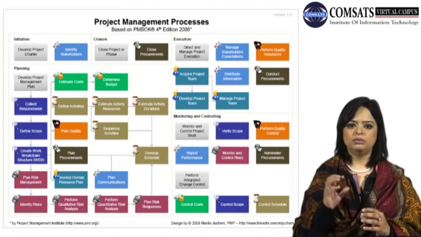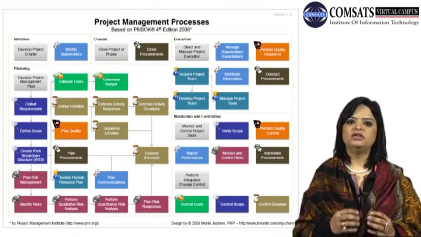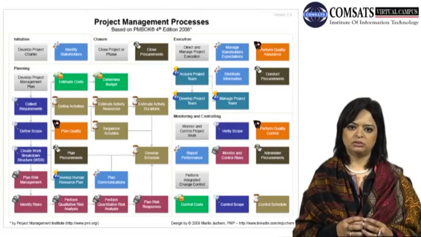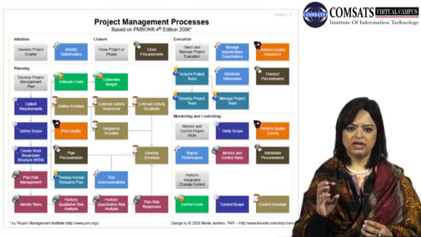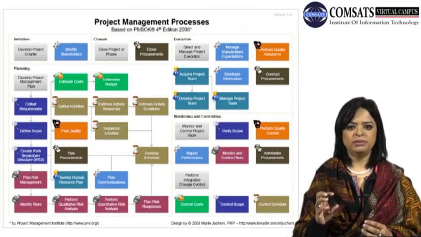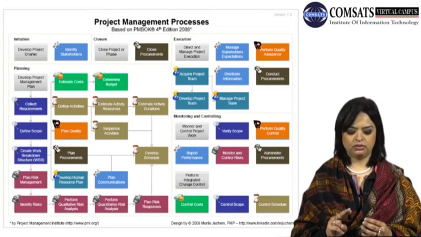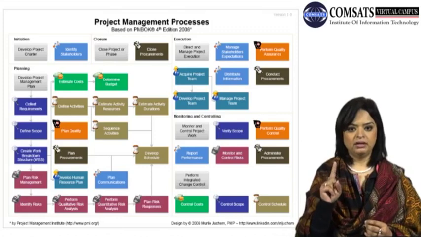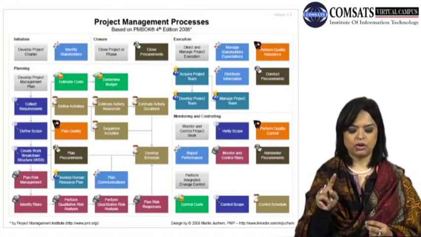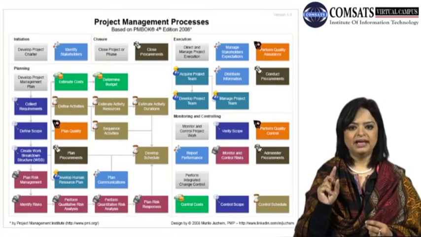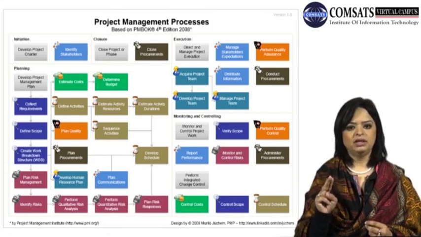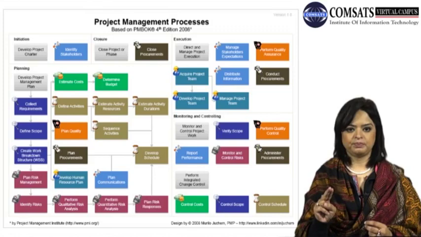So that particular process of the knowledge area of project integration management falls in the phase of execution or implementation of the project. You see two processes within the monitoring and controlling aspect of the project life cycle. One process is monitoring and controlling of project work, and the next process is performing integrated change control.